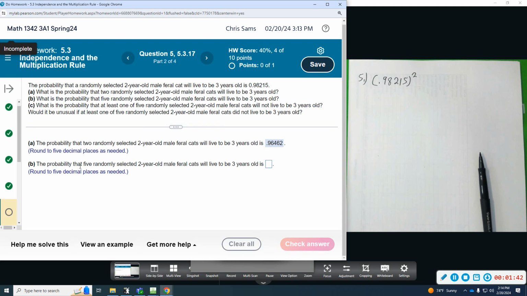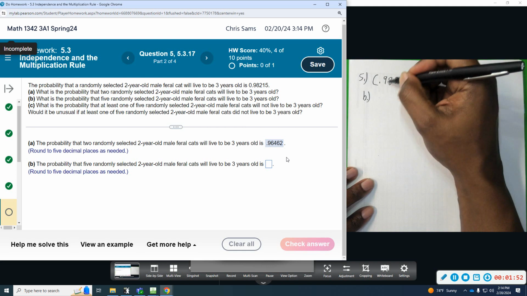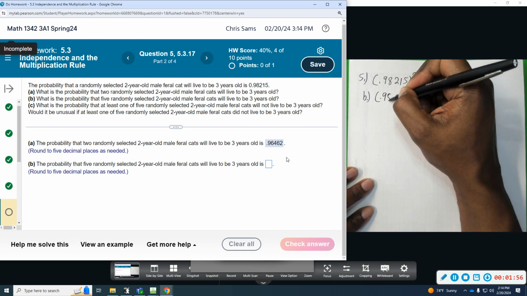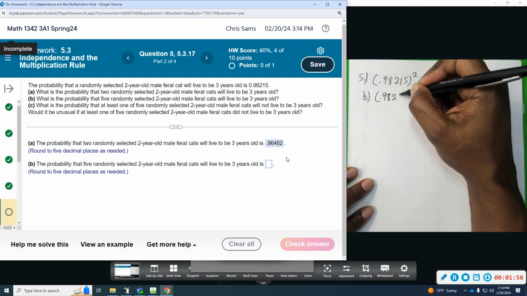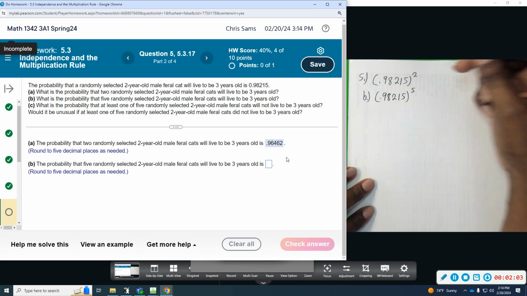All right, part B. What is the probability that 5 randomly selected 2-year-old cats will live to be 3 years old? So same thing. When we're dealing with 5 cats, since they're all independent, I'm just going to multiply this number times itself 5 times for all 5 of those cats, the chance they all 5 live. It's the same thing as raising this to the 5th power.